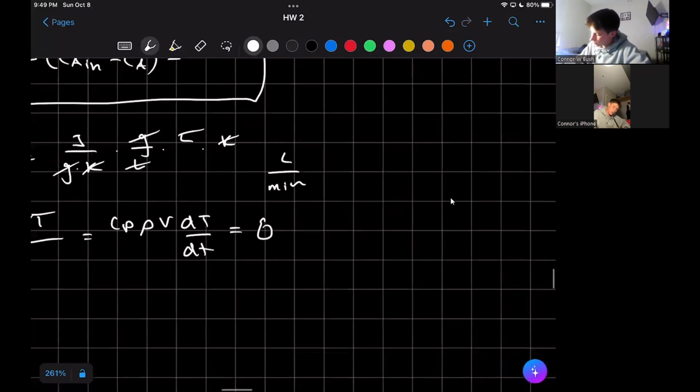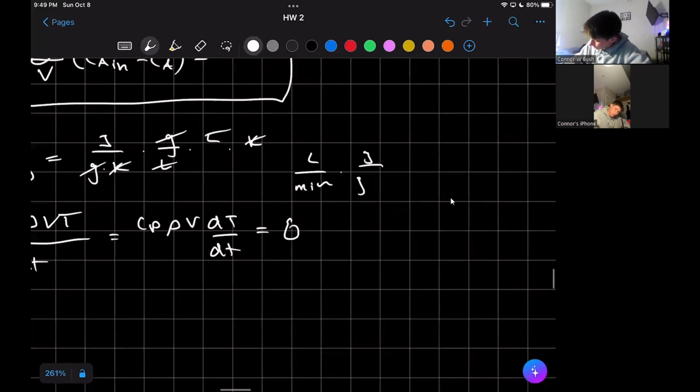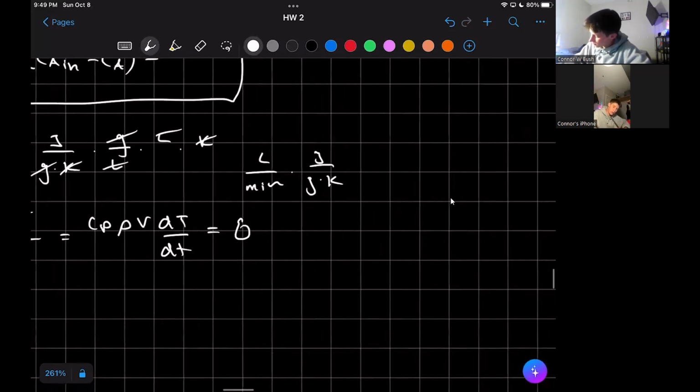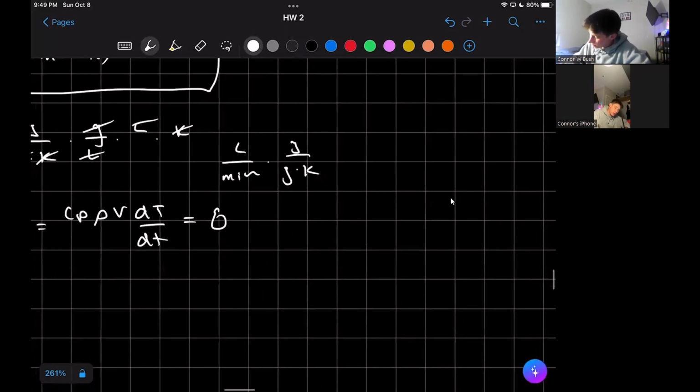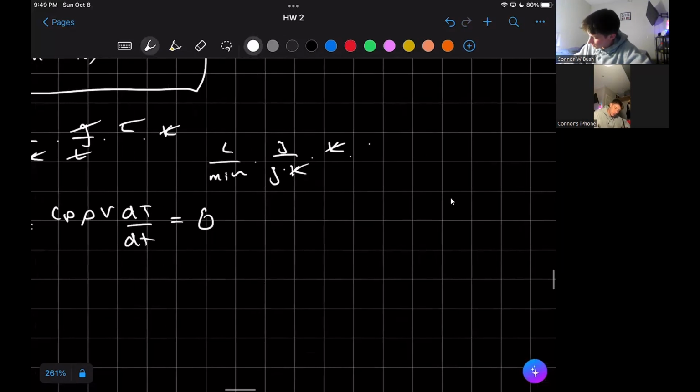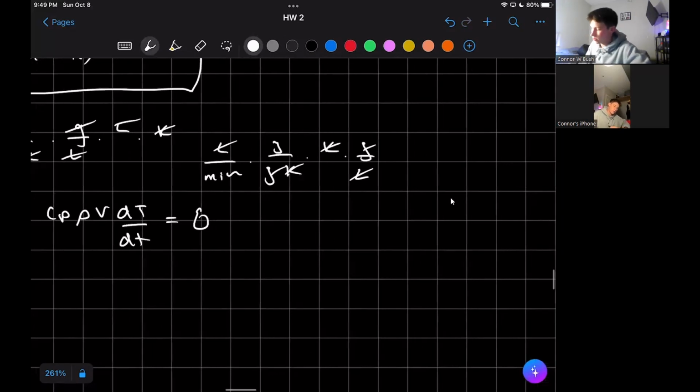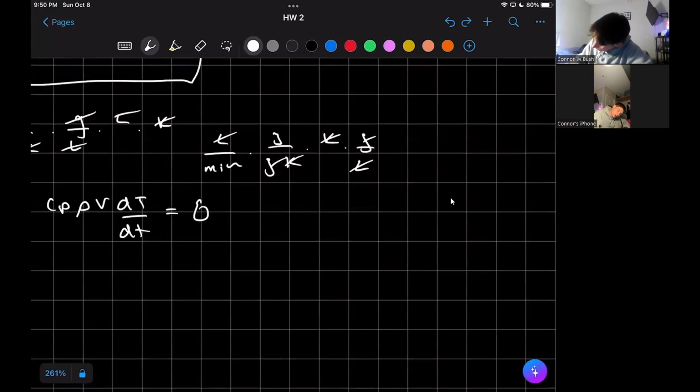And then if we multiply by heat capacity to get the joules, we're left here. Then we have to multiply by temperature to get rid of that term, multiply by density, gram per liter. And then we have our units of joules per minute, that's our desired.